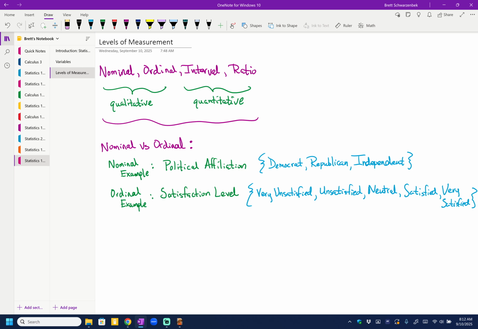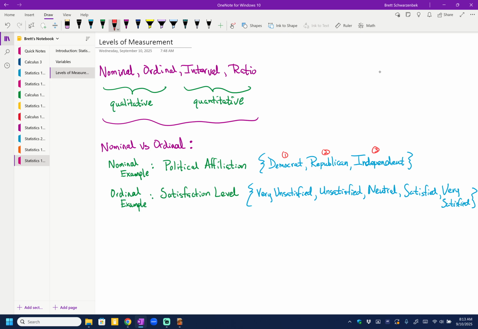As a matter of fact, even if we assigned a number to these for the purposes of analyzing the data, it doesn't mean that number 1 is greater than or better than number 2. In this scenario it just means there's no order. So why do I keep on mentioning order? Because for ordinal data, which is our next example, it's going to be the opposite.